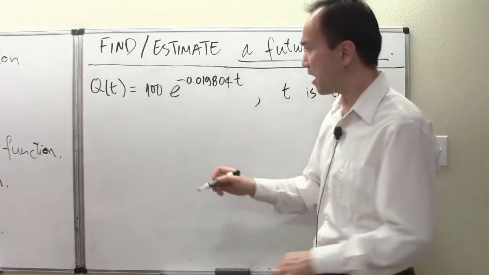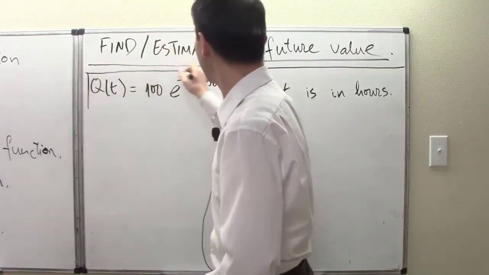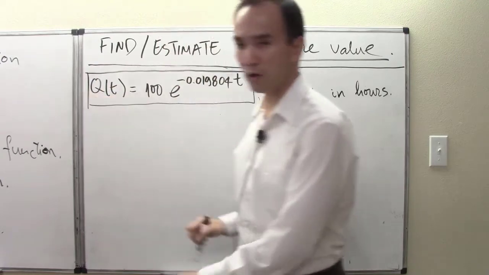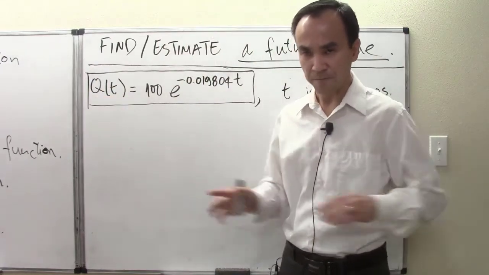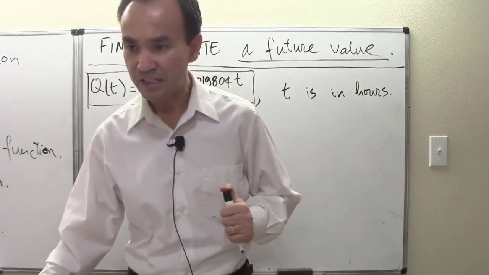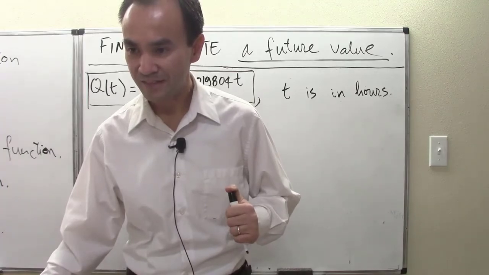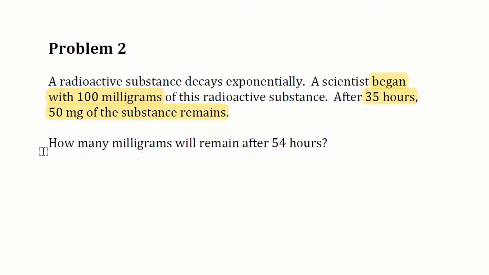And so now, arriving at our modeling function here, we are really ready. Okay, back to the problem itself. Now we can read the problem, and the problem is asking how many milligrams will remain after 54 hours.